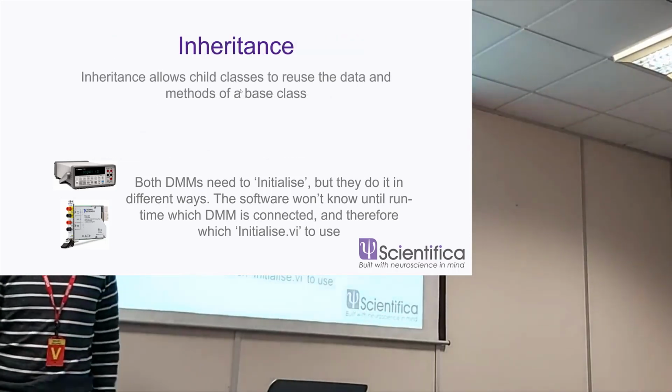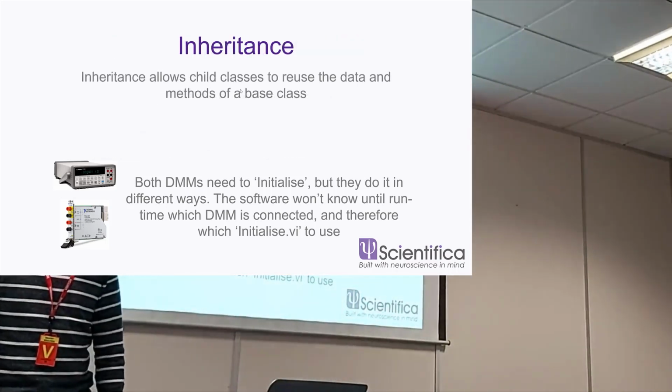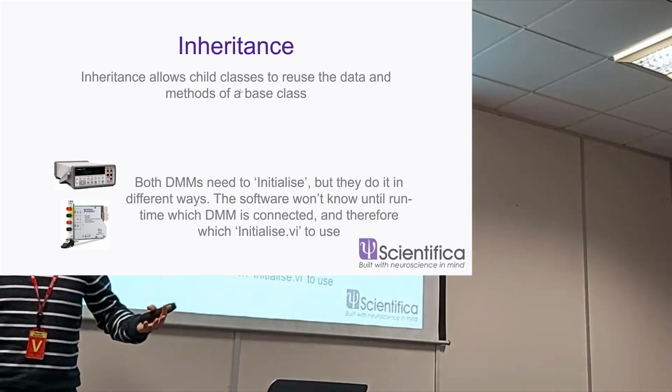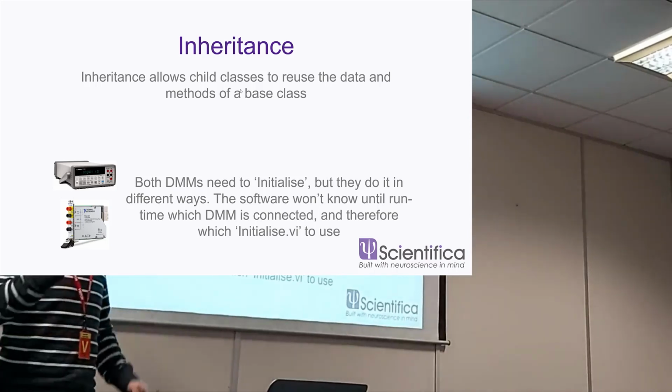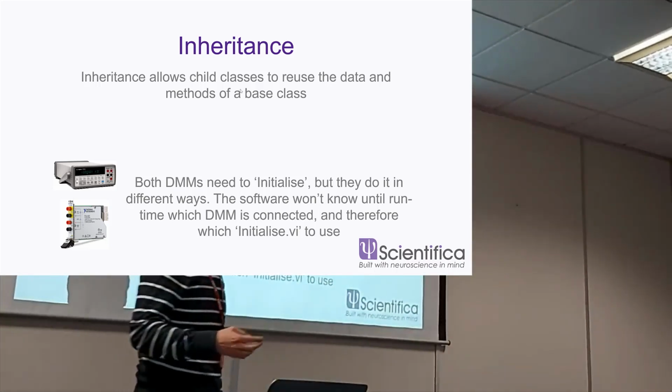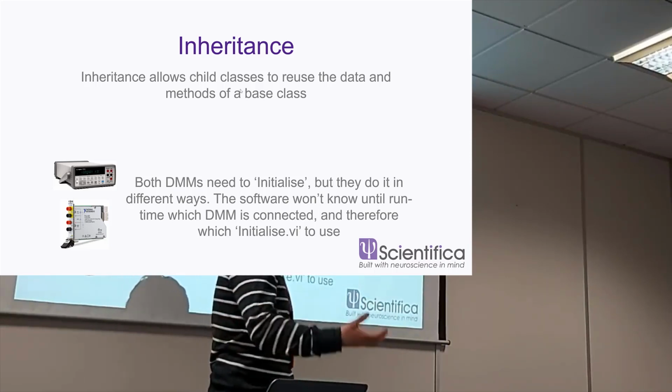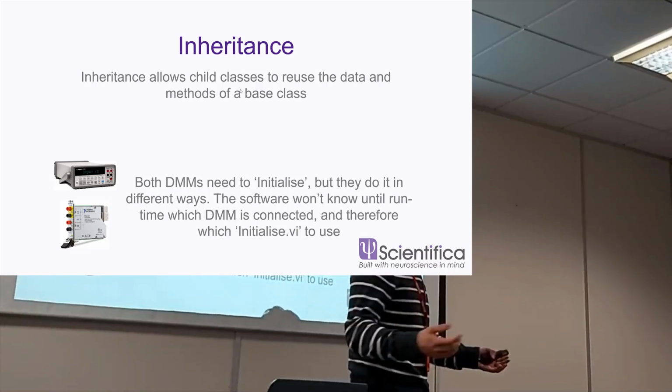So we come to something called inheritance, where we can think about these classes in a very abstract manner. We can think, in this piece of software I'm going to have a digital multimeter, and that digital multimeter is going to initialize.